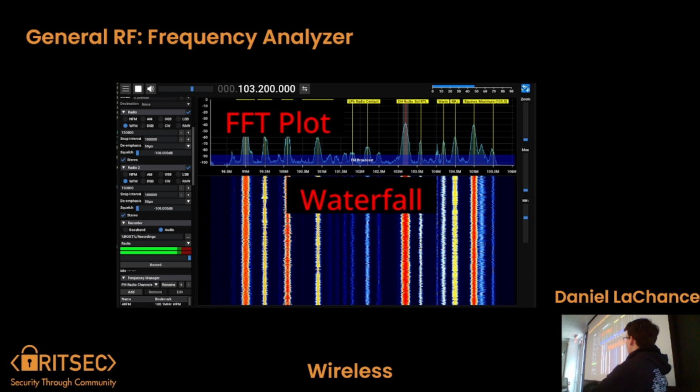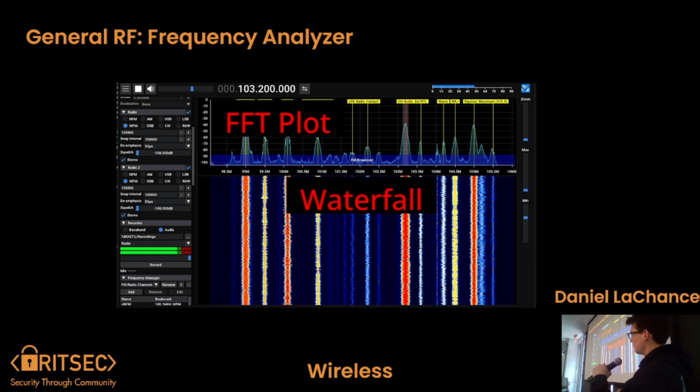So there's your fast Fourier transform plot. Then there's also the waterfall. If you miss a signal on that fast Fourier transform plot at any given moment, but you want to see where the signal was, that's what you use the waterfall for. The waterfall keeps a kind of record of the past minute or so of communication.